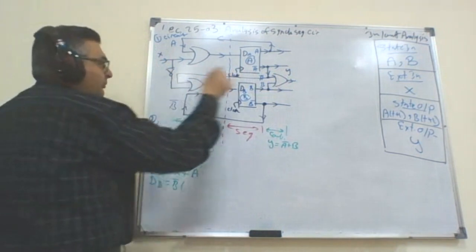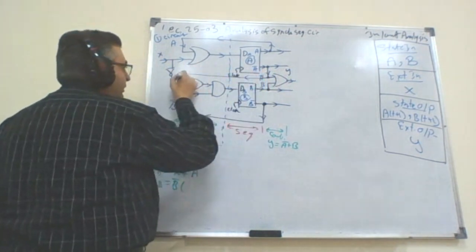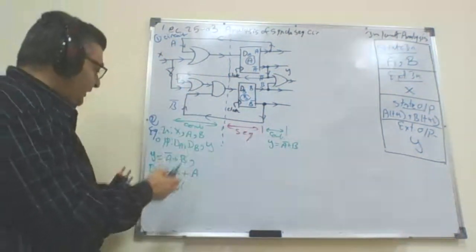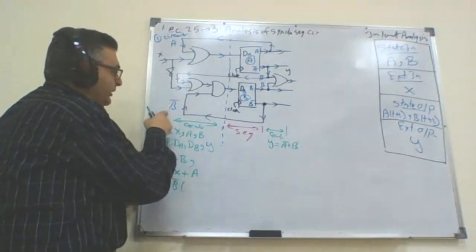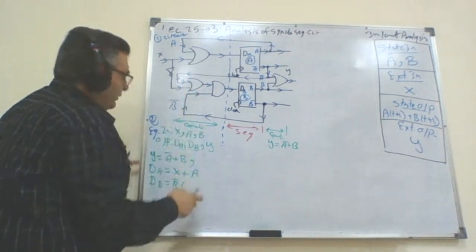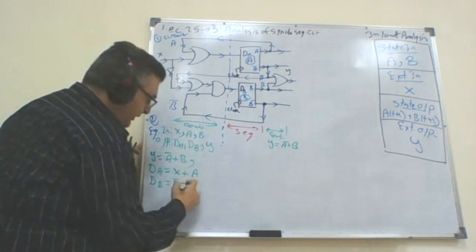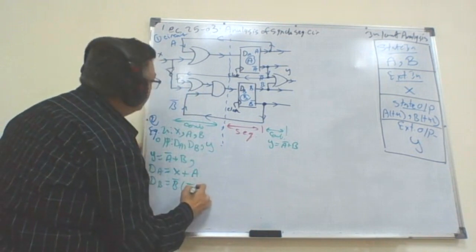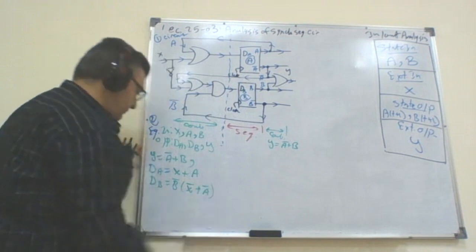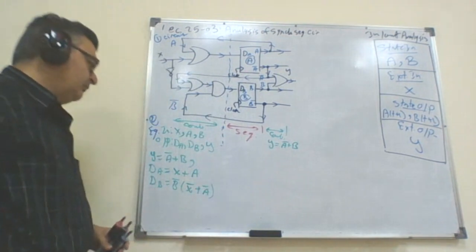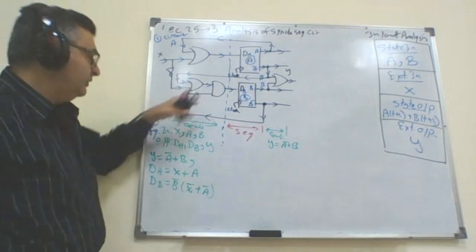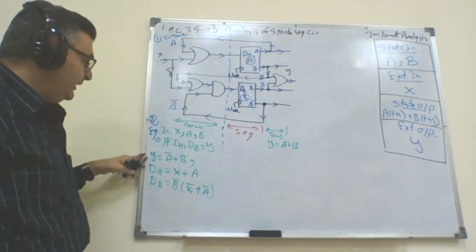So I have another feedback coming from A bar here. Go to this state. Okay, so DB equals B bar, then ANDed with an OR gate between an X bar ORed with an A. Agree?